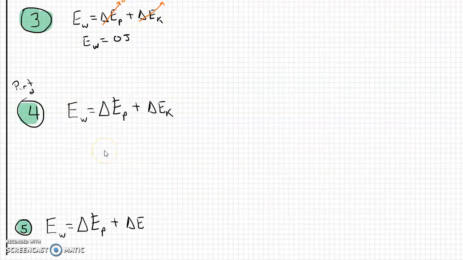Okay, so once again, part D is where the object is stopping. So the change in potential energy is actually 0, and all the change comes as a result of the change in kinetic energy. So the change in kinetic energy will be the kinetic energy final minus kinetic energy original, and the kinetic energy final is 0 because the object comes to rest.